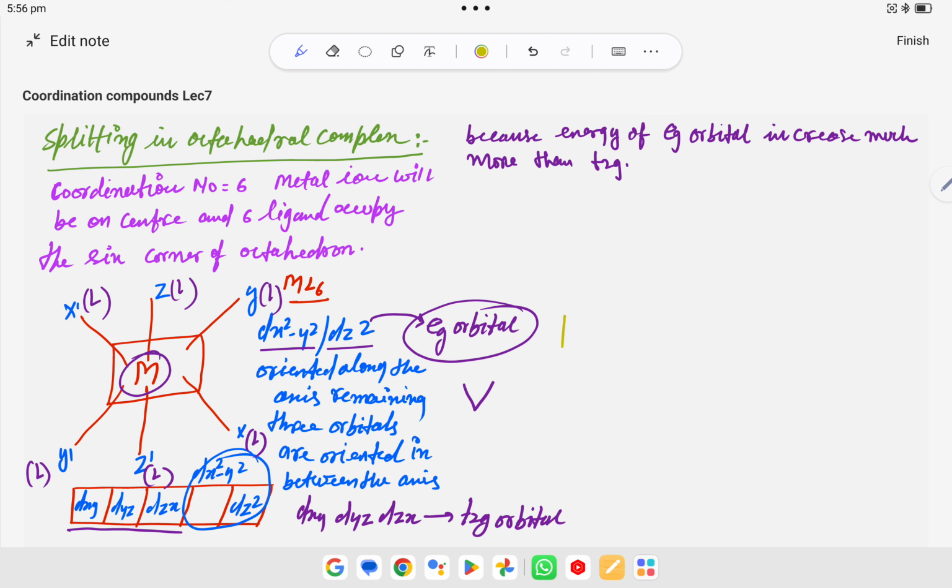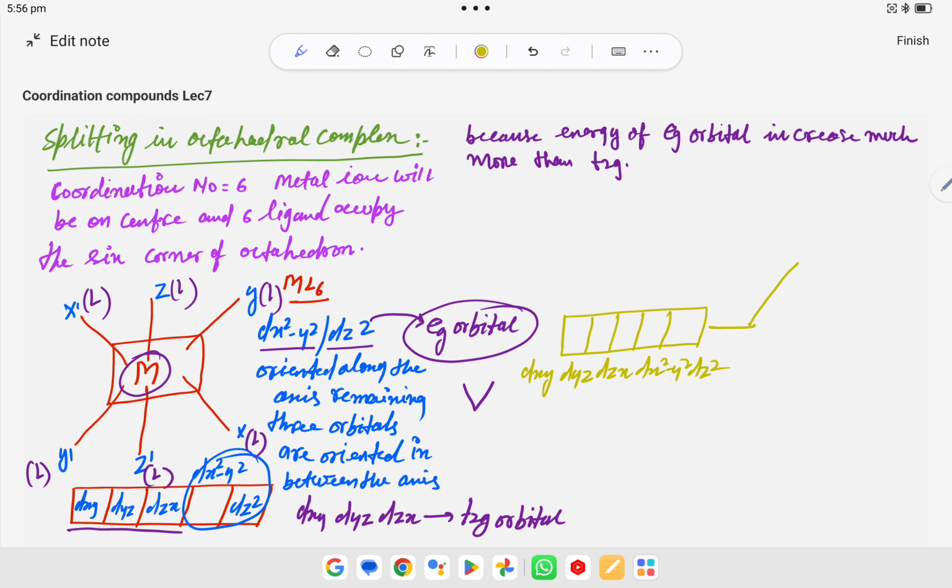Suppose this is your d orbital: 1, 2, 3, 4, 5, named dxy, dyz, dzx, dx square y square, dz square. They will be split into two sets.